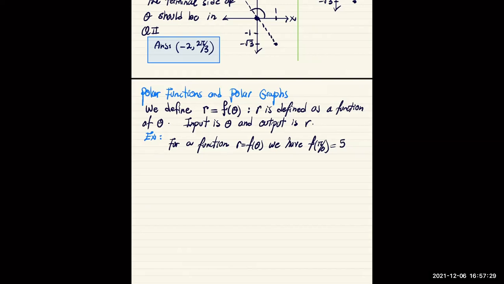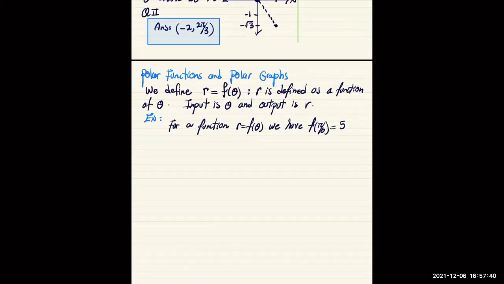This is telling you that when the angle is pi over 6, the distance from the pole is 5. That's why this is a function. Plug in an angle, evaluate, and the function spits out how far the point on the graph is away from the pole.